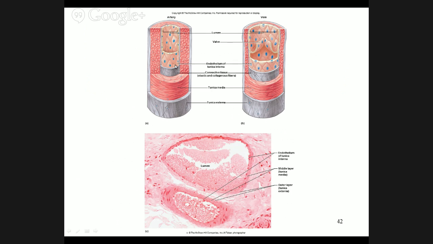The other layers, the tunica media is somewhat wider in the artery, and the externa and the endothelium are pretty much the same kind of tissue.